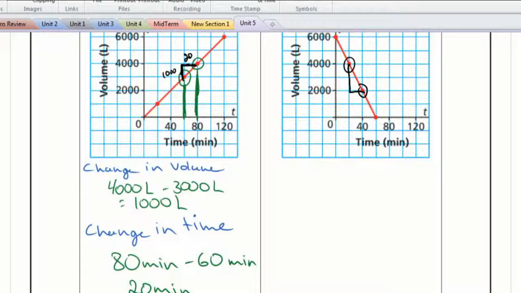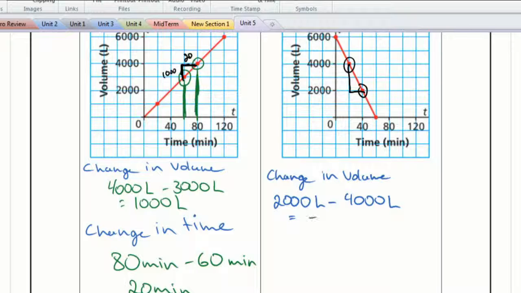So we're going to find our change in volume. I ended at 2,000 liters and I started at 4,000 liters. So my change in volume is going to be minus 2,000 liters.